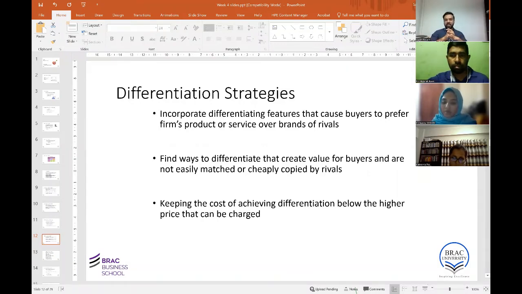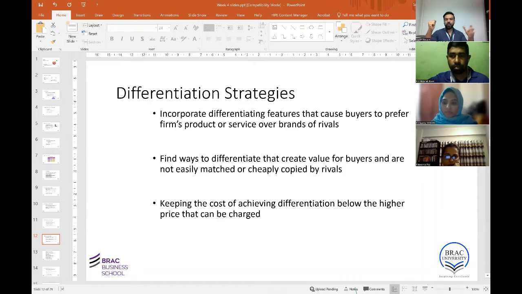Like in the telecom industry, we see that cost leadership was something that was played by brands for a long time. So nowadays, every brand is also trying to do a bit of differentiation strategy, because everyone knew that the traditional product or offering would be the same. Everyone knows that telecom operators will only provide telecom service, right?